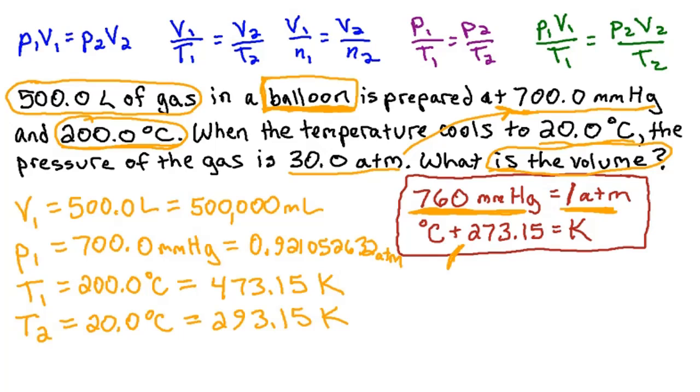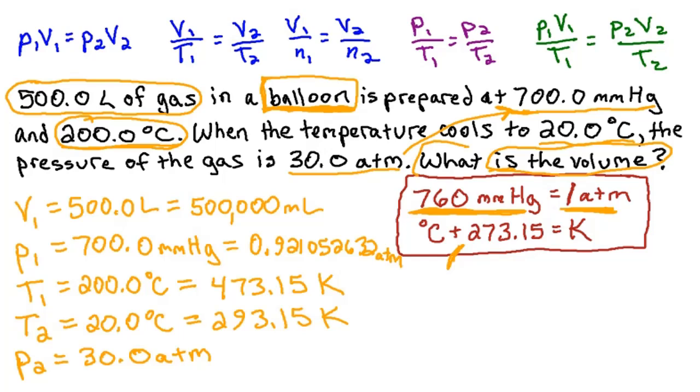So when the temperature cools to 20.0 degrees Celsius, the pressure of the gas is 30.0 atms. So that's going to be our P2, our second pressure, and that's already in atms for us. So 30.0 atms.